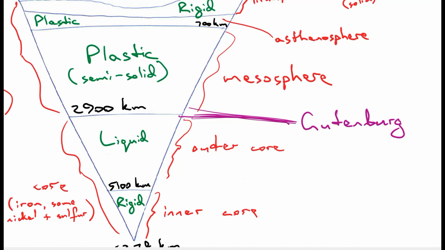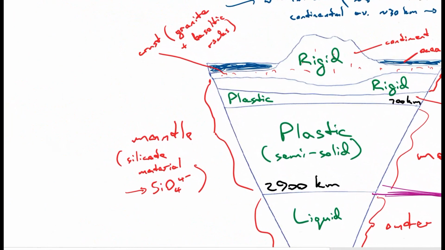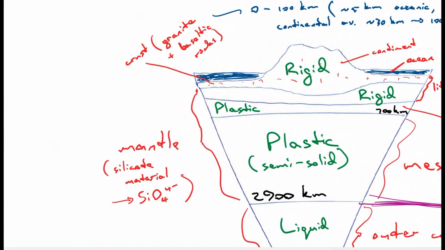Discontinuity meaning it's not continuous, it changes. So there's a very noticeable change. Just sound it out and you can spell it. It's always nice to be able to spell things in science, but give it a good go, at least. So that's the Gutenberg discontinuity, where the mantle cuts off and switches over to the core.